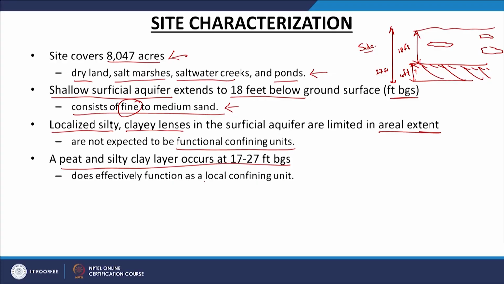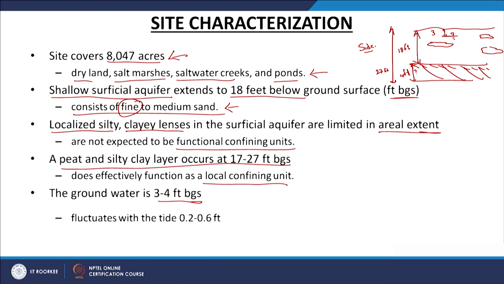And what else? It effectively functions as a local confining unit both for the water and for the NAPL, and the groundwater is 3 to 4 feet below the ground surface. That is a key aspect, as in the groundwater table is very high because it is obviously near the coast. The groundwater table is just 3 feet below the ground surface, or 1 meter deep, right.